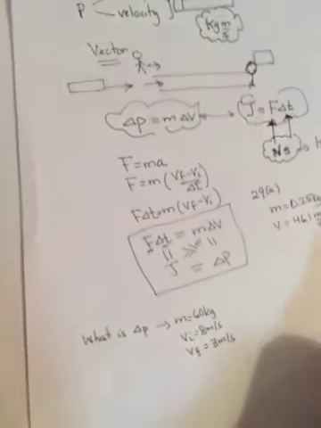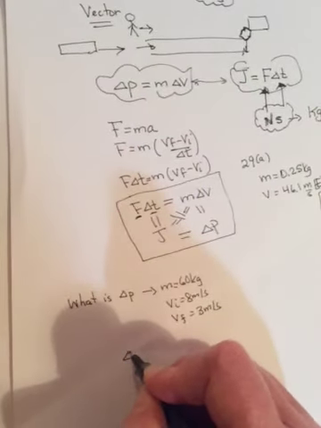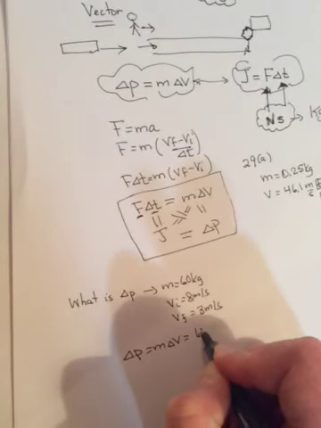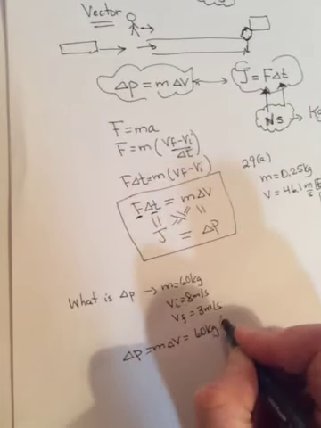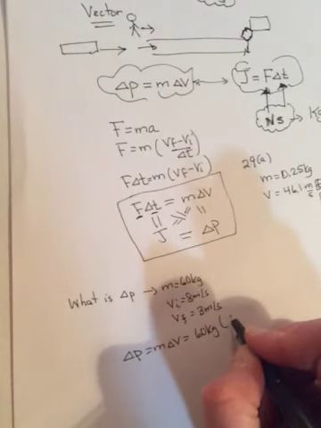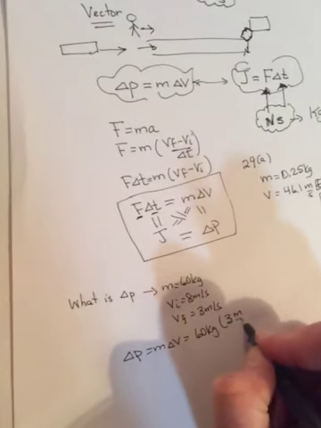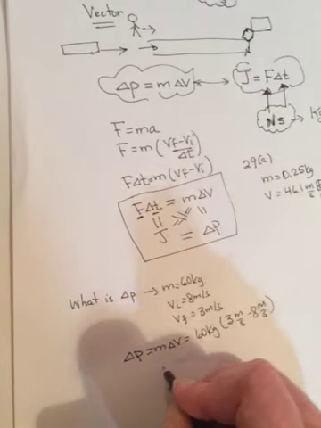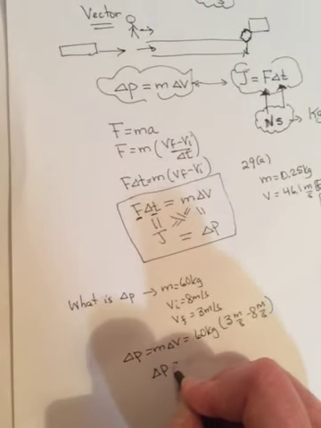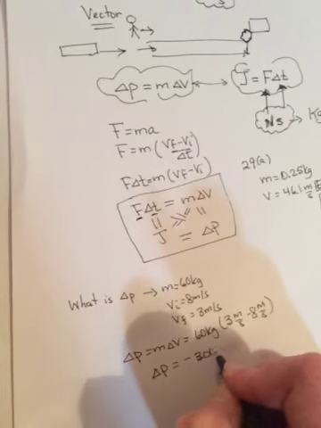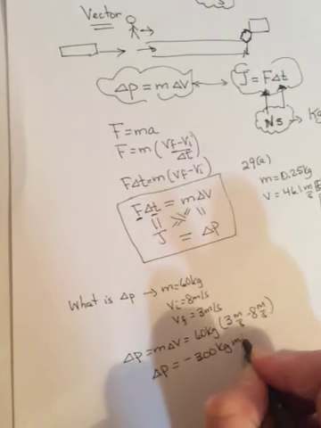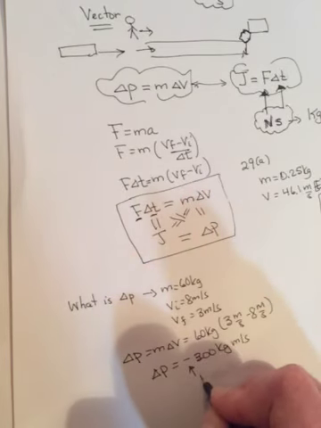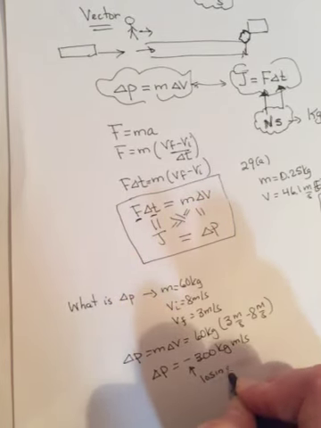And it wants the delta p, the change in momentum. So delta p equals m delta v, so 60 kilograms. Delta is always vf minus vi, so 3 meters per second minus 8 meters per second. Negative 5 times 60 will be negative 300 kilogram meters per second. What does the negative mean? It means it's losing momentum.